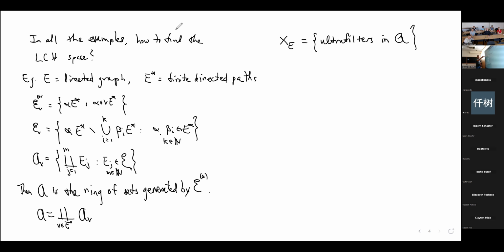So for each V, we get all of the structure of a ring, and the ring of sets generated by all of them is also fibered over the unit space.